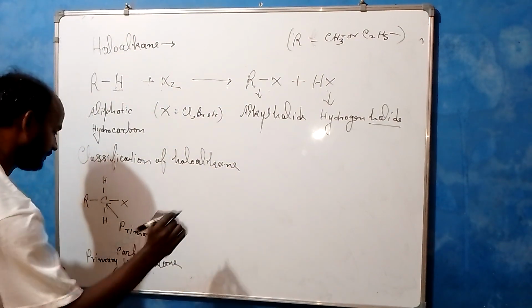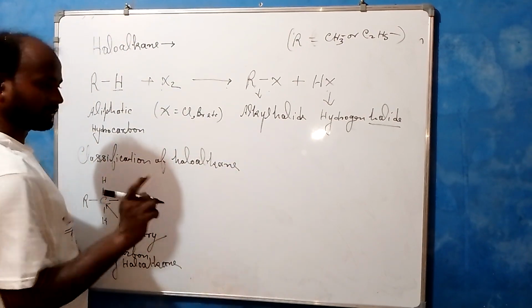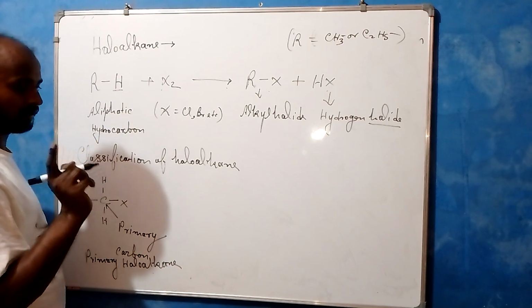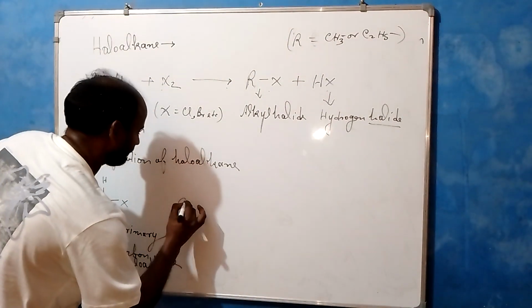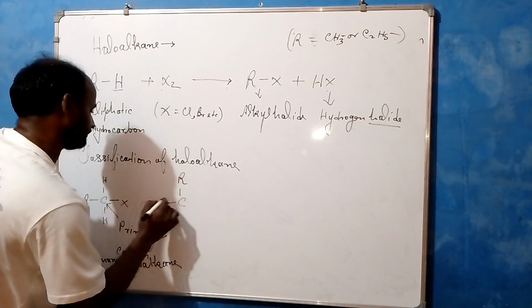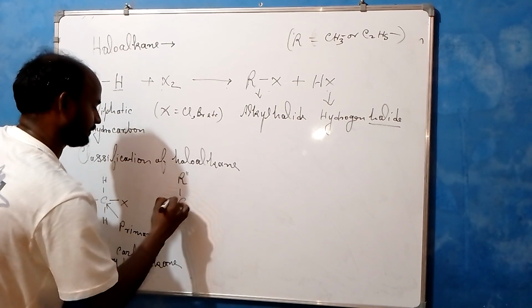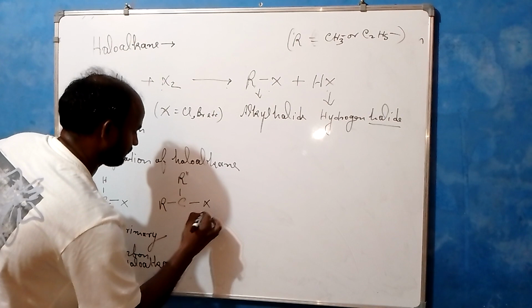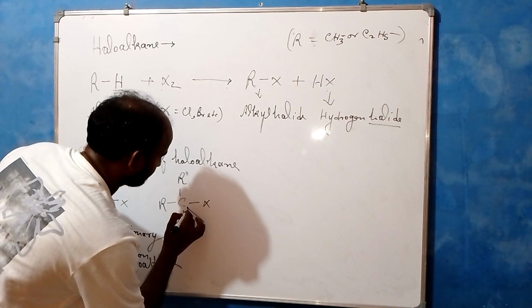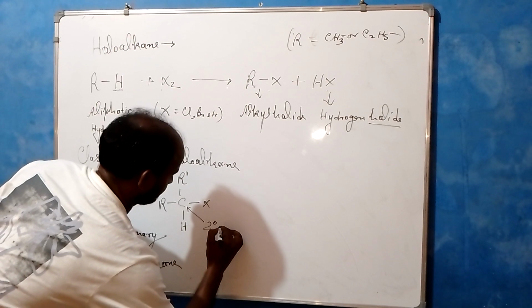Second, when the halogen atom is attached to the secondary carbon, then it is called secondary haloalkane. Suppose that the carbon is attached to two alkyl groups. This is a secondary carbon.